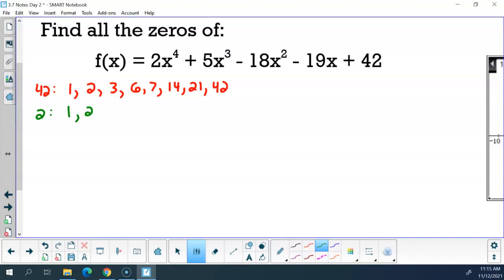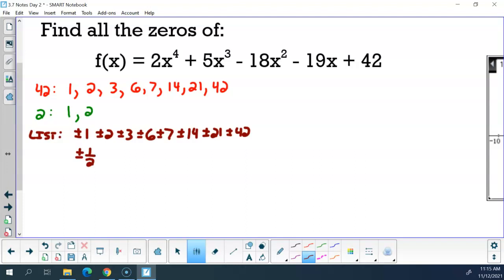So my list then: all the red numbers divided by 1. All the red numbers divided by 2. Right?